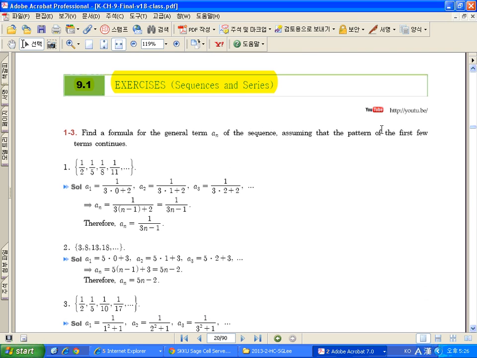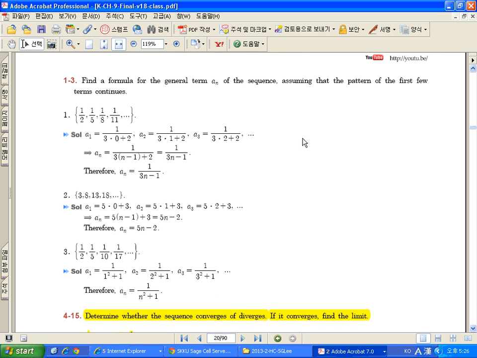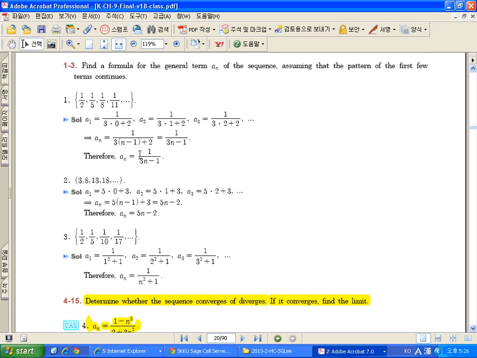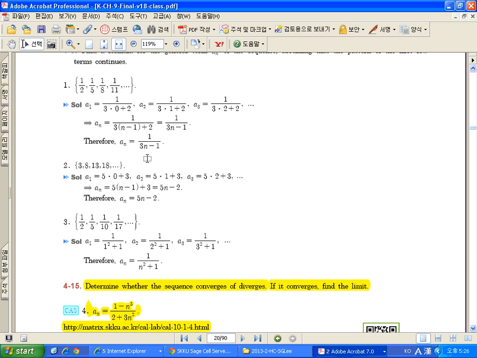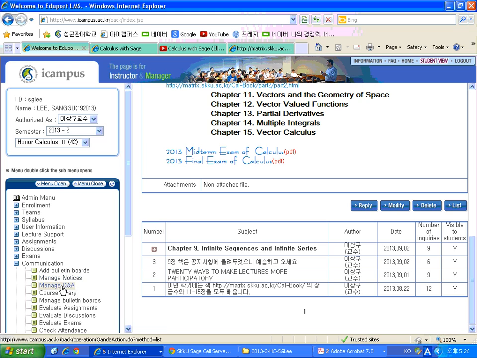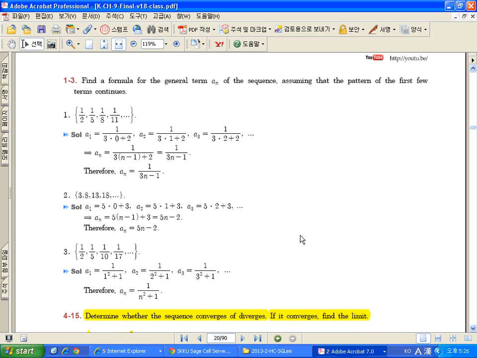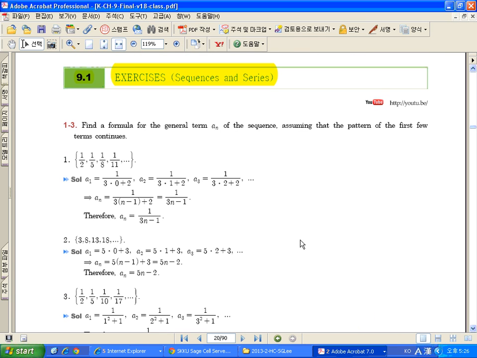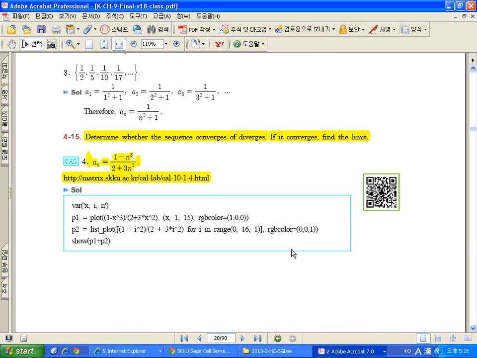And there are examples here, and you are asked to solve a couple of problems and upload them in Q&A, as I assigned before. Here in Q&A, I mentioned that some of you are asked to solve a couple of problems each week and each section.